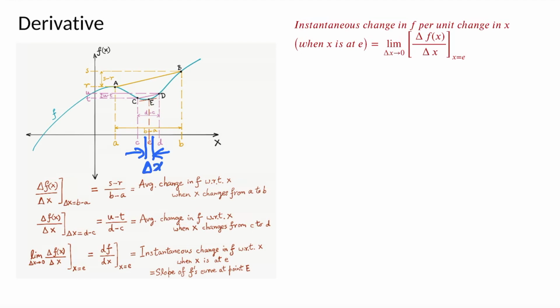Then the slope of the secant would approach the slope of this tangent that we have drawn at the point x equal to E. So, this is the slope of the tangent, and this is how we define the derivative of a function.